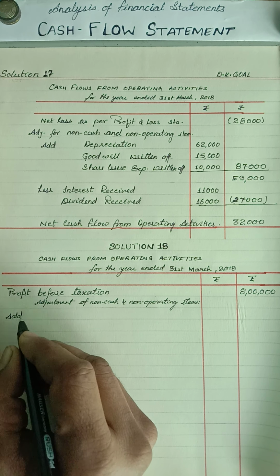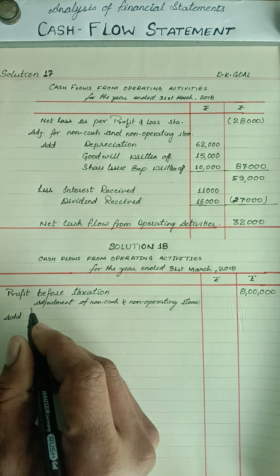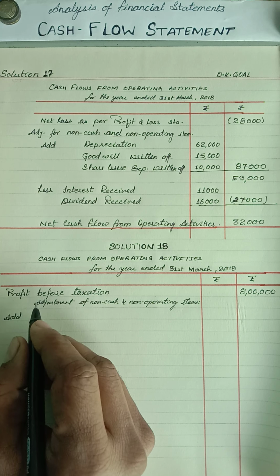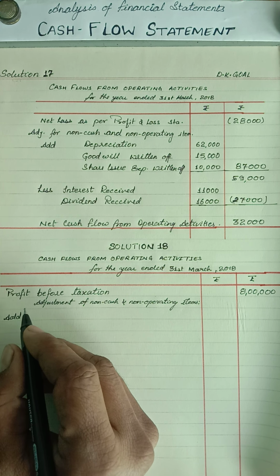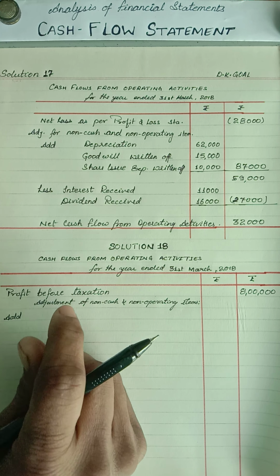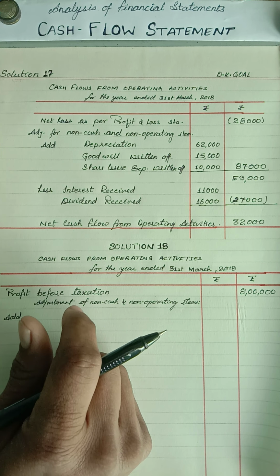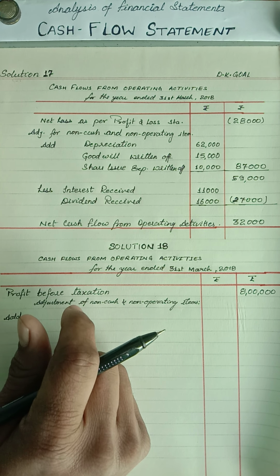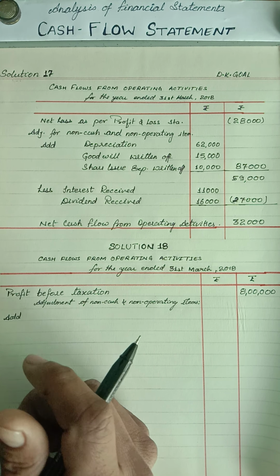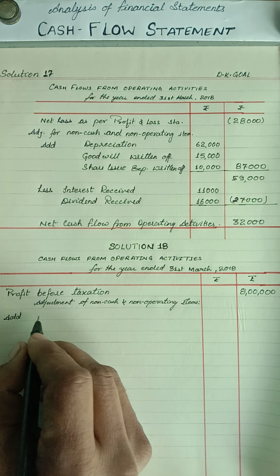According to the format, depreciation is given in the question, 80,000 rupees. Here you can see depreciation and amortization expenses. So I am going to write depreciation.